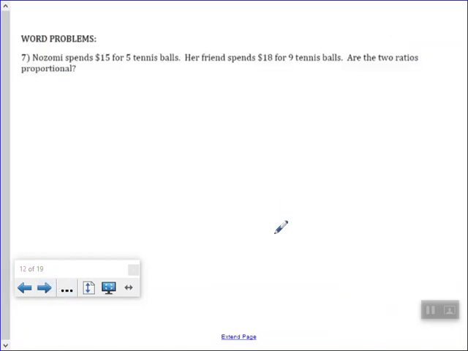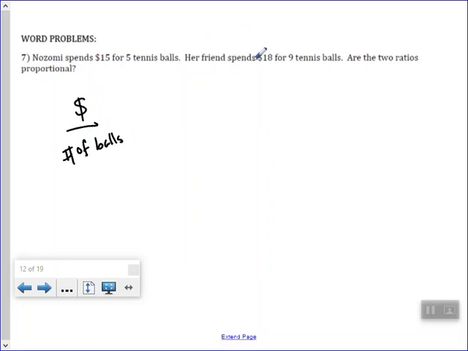We have a couple of other problems, and then you can do the practice. So Nozomi spends $15 for 5 tennis balls. Let's say the numerator is money and the denominator is number of balls.